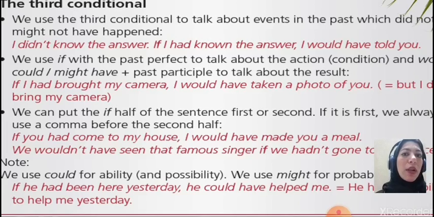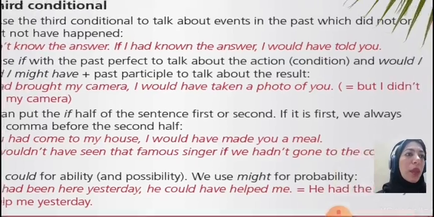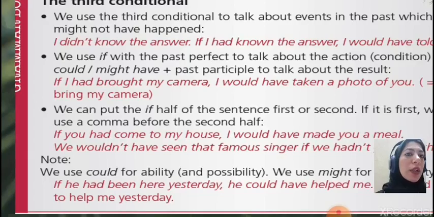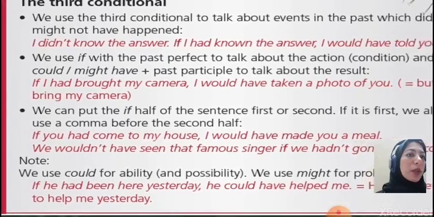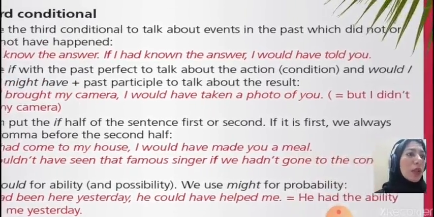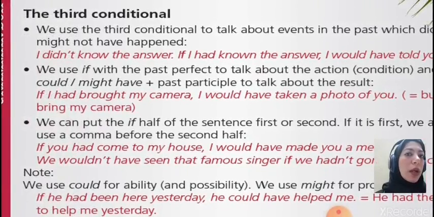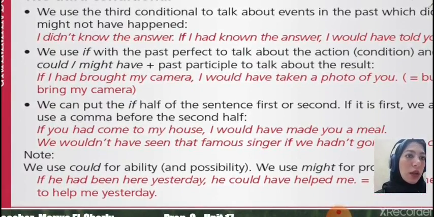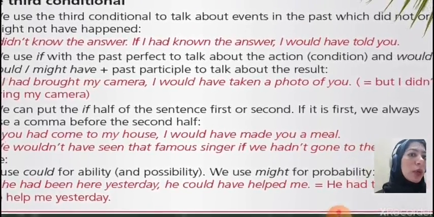For example, if I had brought my camera, this is the condition. I used the past perfect, which is had brought. And would, could, or might, plus have, plus past participle, to talk about the result. So we can use one of these options: would, could, or might have plus past participle. Let's read the result in this example. I would have taken a photo of you.